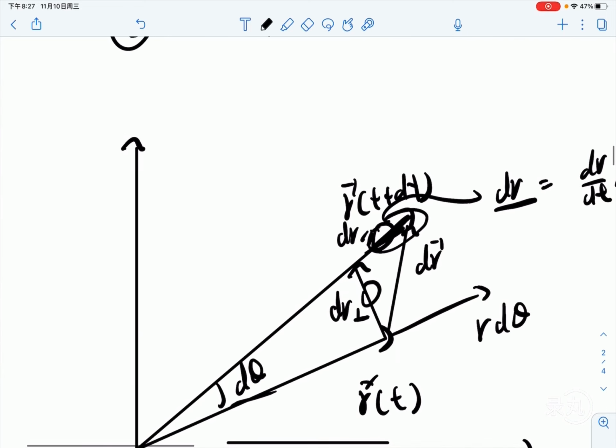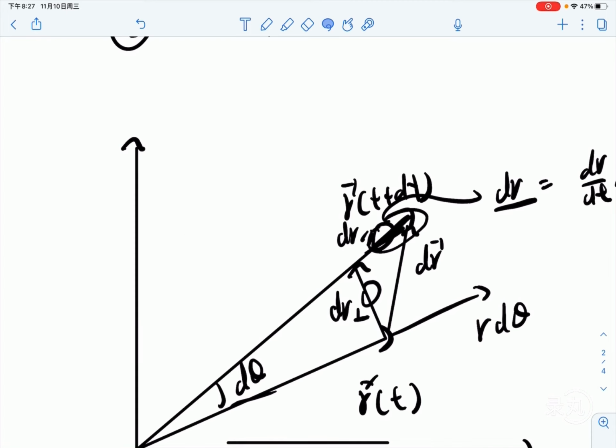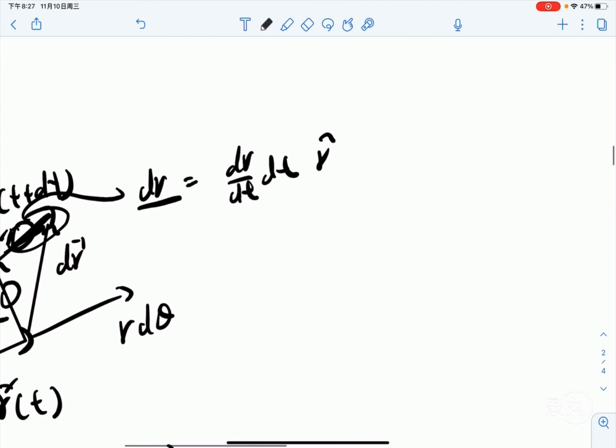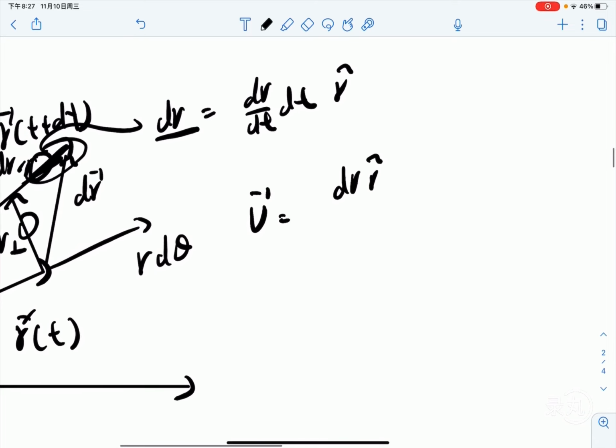Oh, we need to define something. This unit vector is just basically perpendicular to the r direction. So the velocity can be separated into two terms, dr in the r direction plus r d theta in the theta direction.